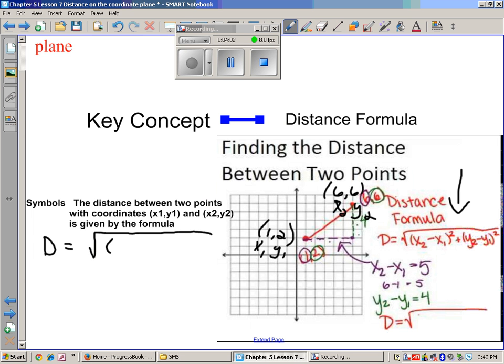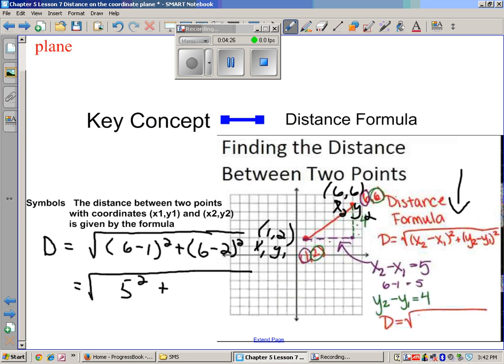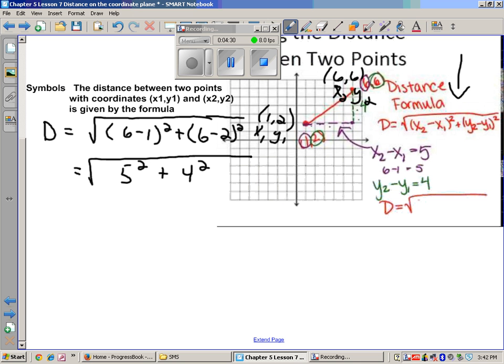d equals x2, which is 6, minus x1, which is 1, squared, plus y2, which is 6, minus y1, which is 2, squared. So what we're going to get here now is 6 minus 1 is 5, so we have 5 squared, plus 6 minus 2 is 4, 4 squared. 5 squared is 25, plus 4 squared is 16.